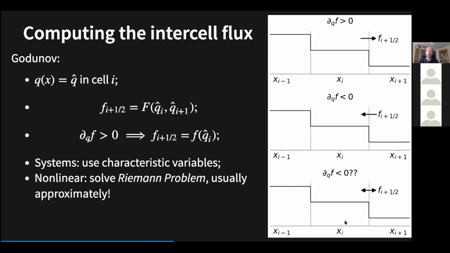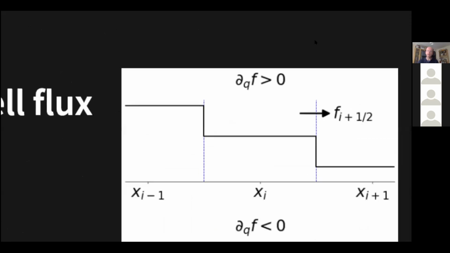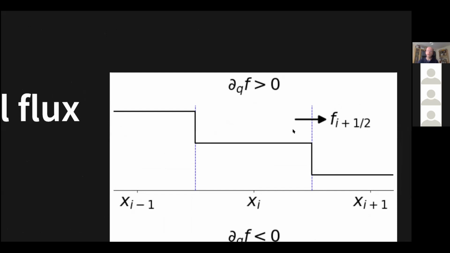When the characteristic speed is positive, as in this picture at the top here, that means the solution is propagating from left to right. So while at the initial time there are two values for the solution at the cell interface, at all times immediately after t equals 0, it's only the solution to the left that matters.